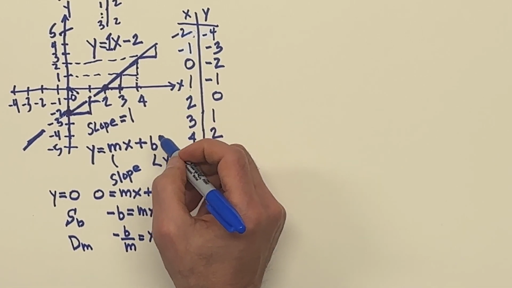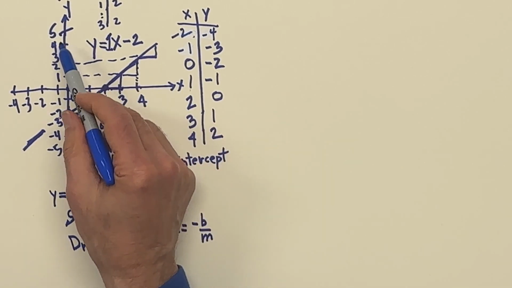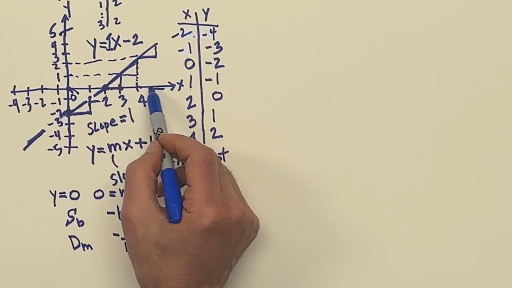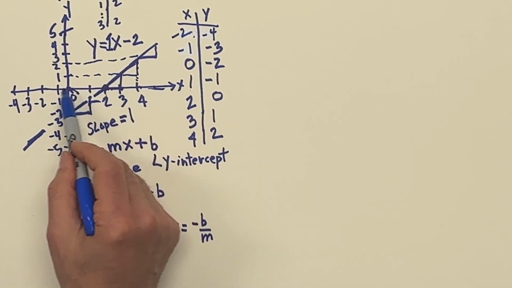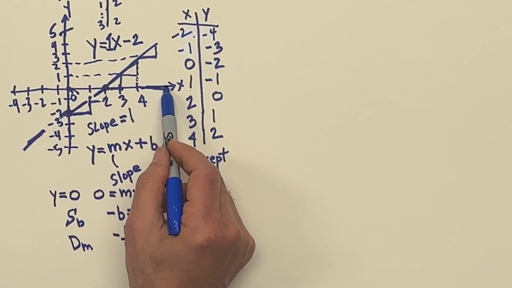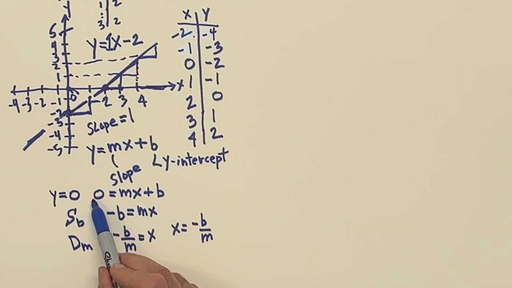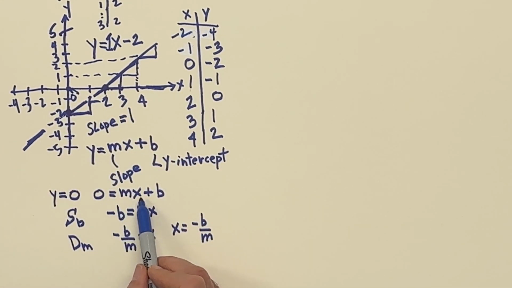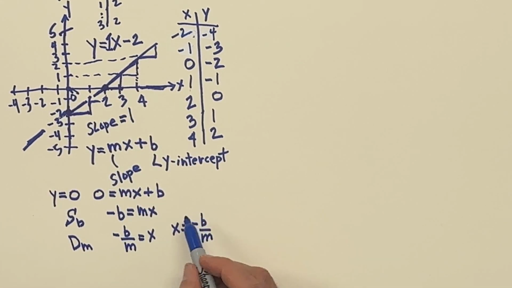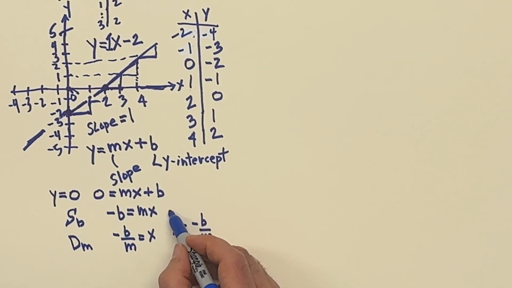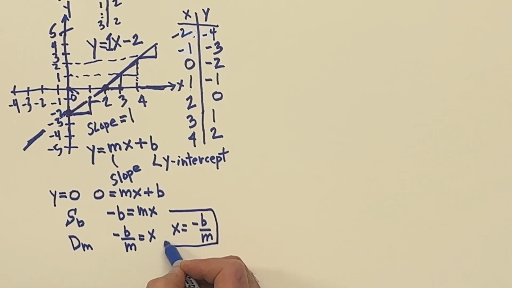So we want to find a formula for that. By setting y equal to 0, you have to be along this x-axis somewhere. So you put y equal to 0, and then you solve for x, and you find this is the answer. Well, let's see if that checks out for our case.